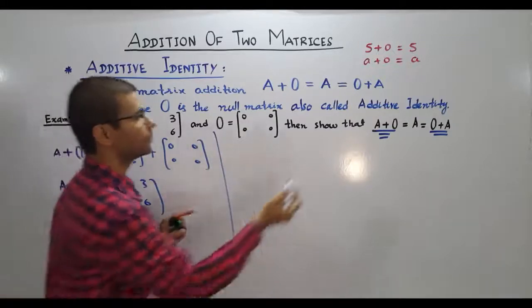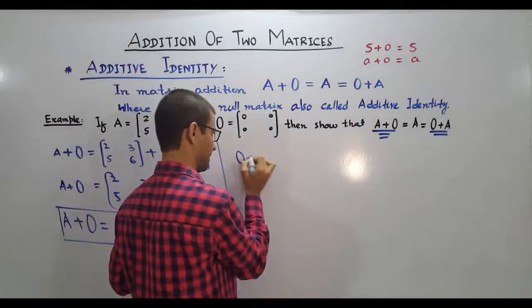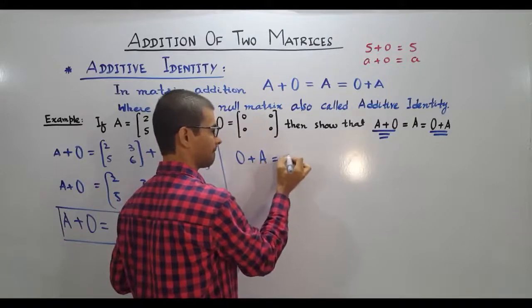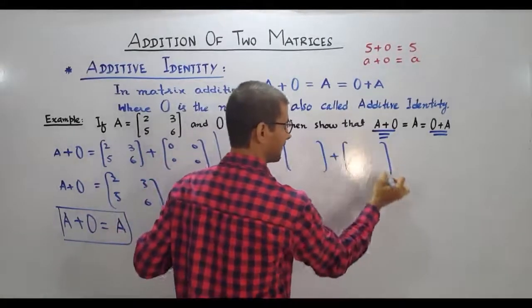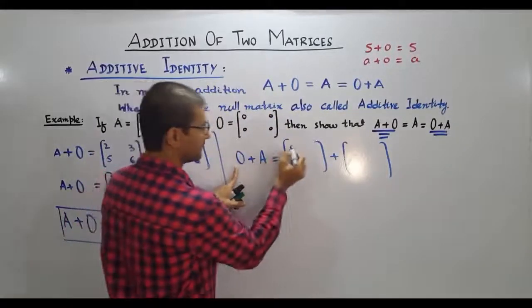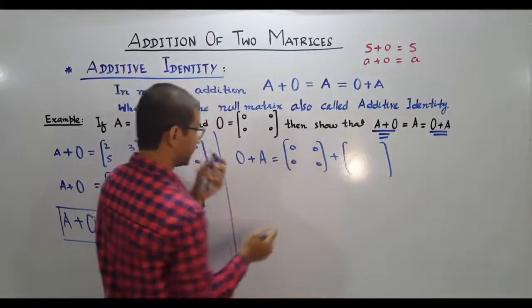Now evaluate O plus A. O matrix is 0, 0, 0, 0.